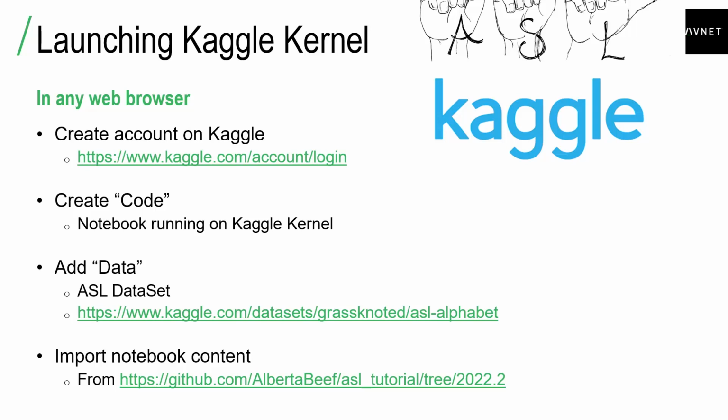Then we'll create code, which is Kaggle's naming for a notebook, and this runs on a Kaggle kernel, which is the server instance, which may or may not have GPUs associated with them. Then we'll associate a dataset with this code, and we'll import the notebook from my repository and run it on the Kaggle servers.